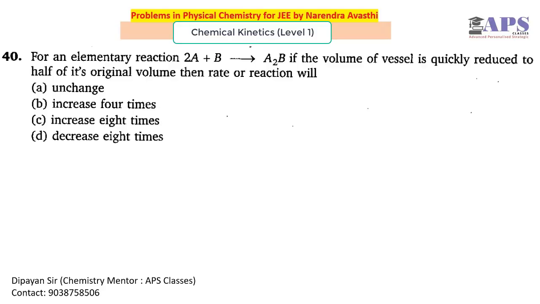In question number 40, it is an elementary reaction. So R equal to K A square B to the power 1. If we reduce it to half of its original volume, then the concentration will become double.